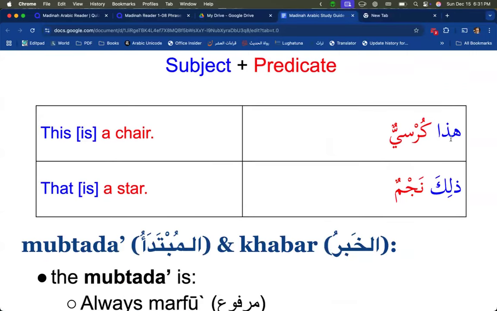Okay, so هذا كرسي. Literally it says this chair. So you know the mubtada and the khabar, so you're going to put is in the middle. This is a chair. ذلك نجم, that a star. That is a star. Right? And we know this because we understand the mubtada and the khabar.